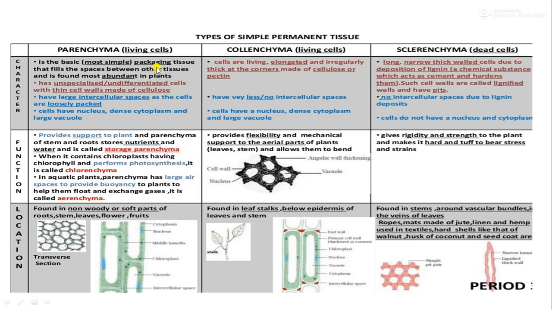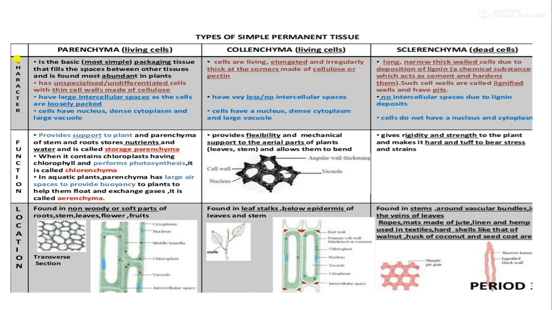Of course, they are differentiated from the meristematic tissue, but they don't have much differentiation. They are simple cells with thin cell walls made up of cellulose, and have large intercellular spaces as the cells are loosely packed. So in parenchyma the cells are loosely packed, and the spaces in between are called intercellular spaces.